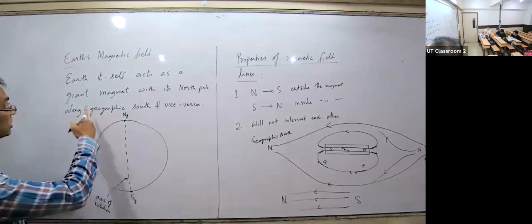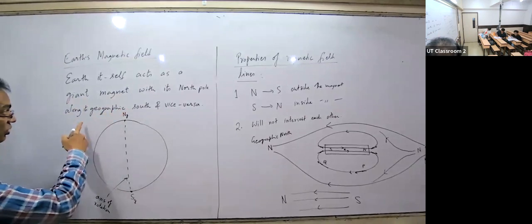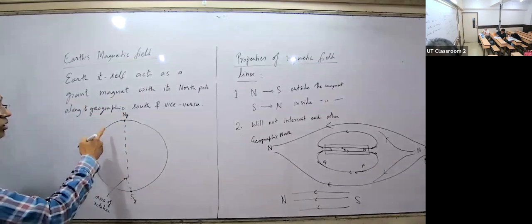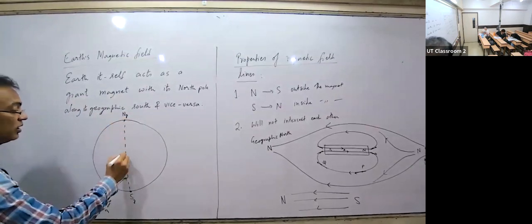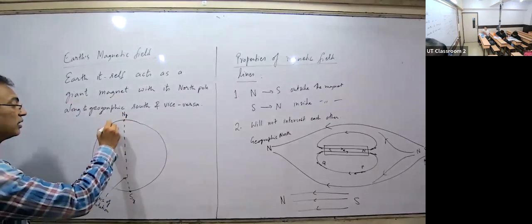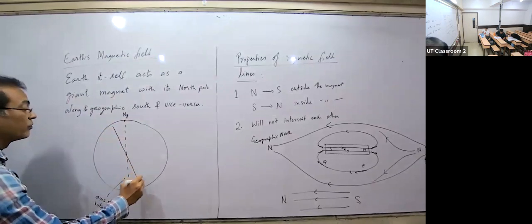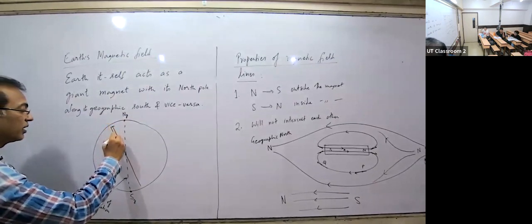But what did we say? Earth itself acts as a giant magnet with its north pole along its geographic south and south pole along geographic north. But वो इस तरफ नहीं होता, थोड़ा सा उसमें tilt रहता है, like this. So Earth itself is like a giant magnet, like this.